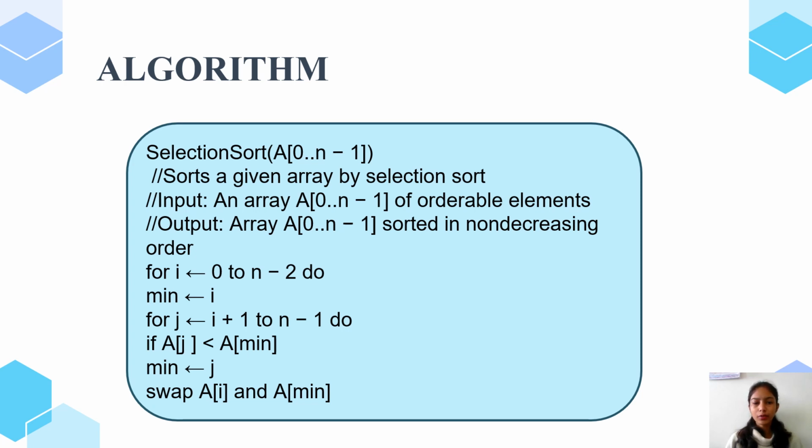For i equals 0 to n minus 2, do: min equals i. For j equals i plus 1 to n minus 1, do: if A[j] is less than A[min], then min equals j. Then swap A[i] and A[min].